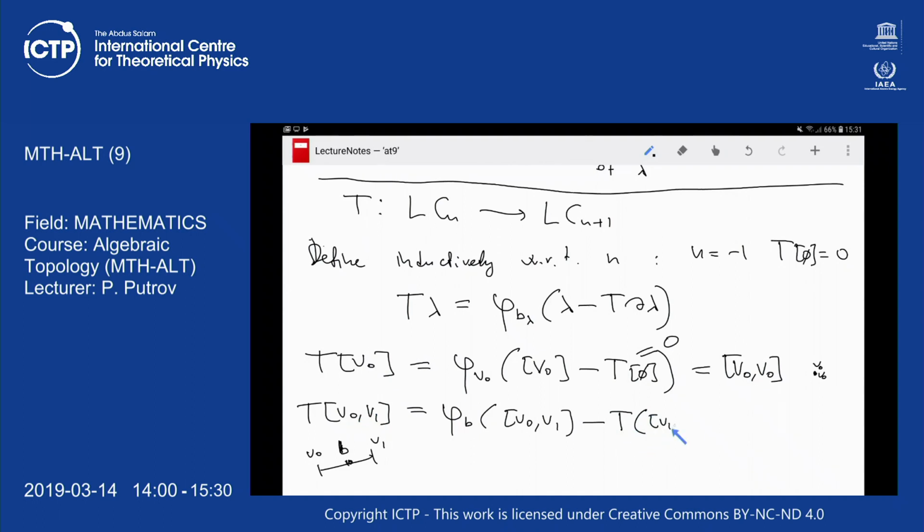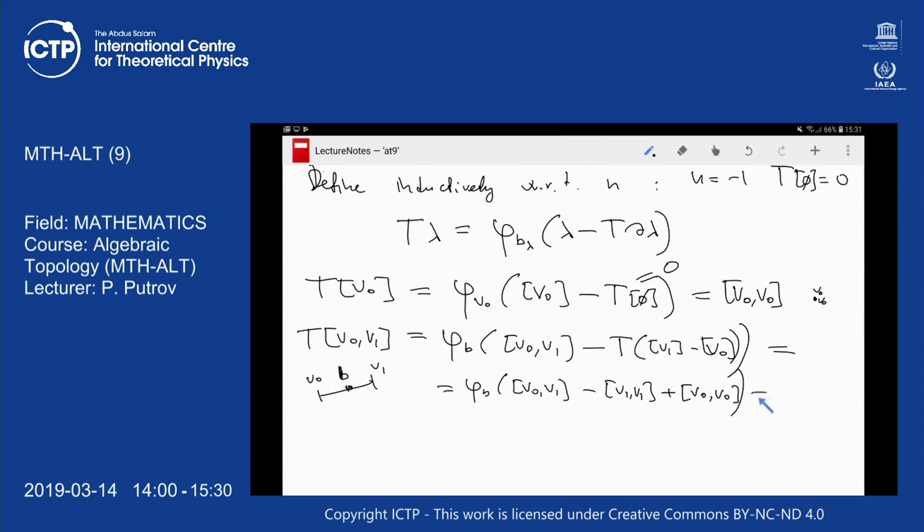So d of this guy is v1 minus v0. So let me write this, and T acts, we know how T acts on points, so you just pair them up with themselves. We use this result, and then this operator is just adding a point b.